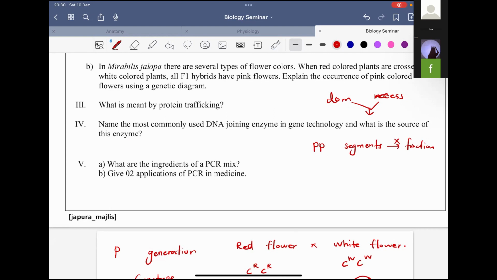They guide the polypeptide to a particular location in the cell, like for example the Golgi apparatus, or to be secreted by exocytosis. So this is what we call protein trafficking.